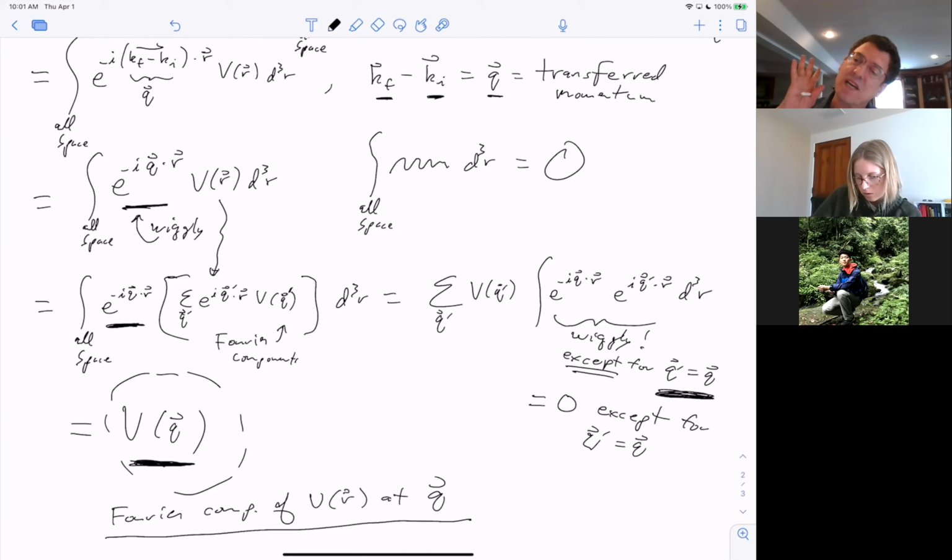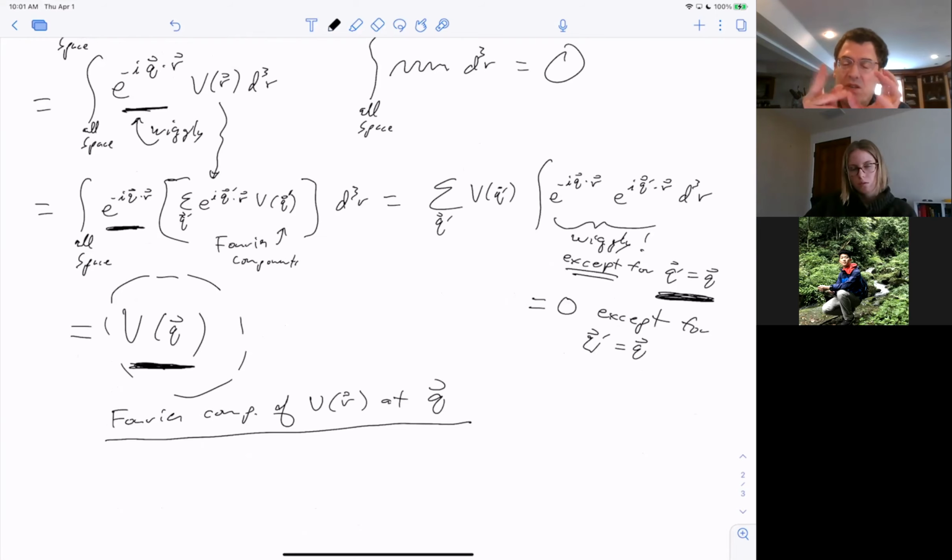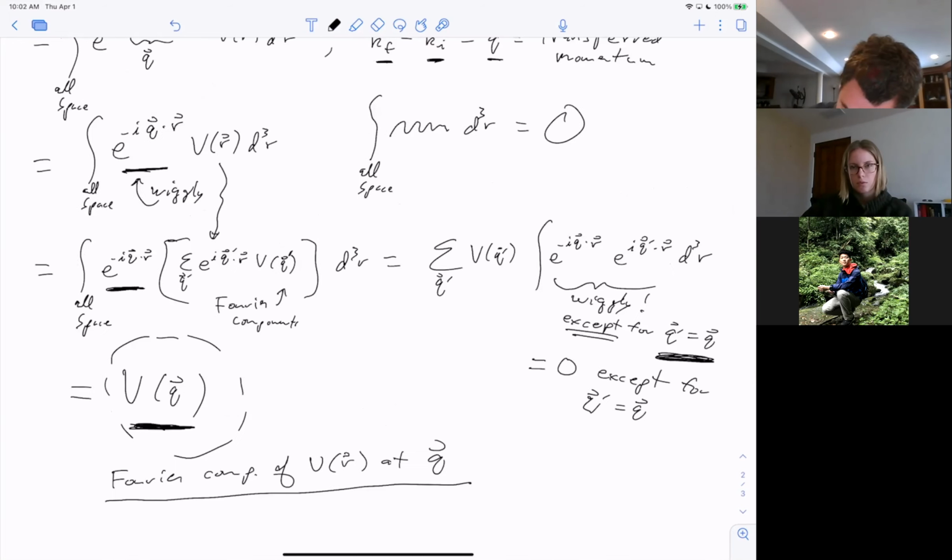And so the potential has to provide the momentum because the potential has its own wave component at exactly that same wiggly wavelength, because that's how you should think of it.